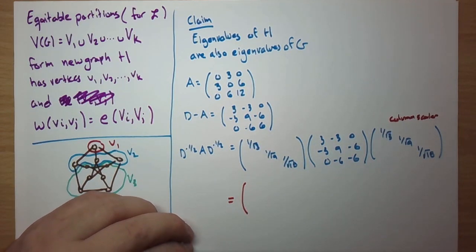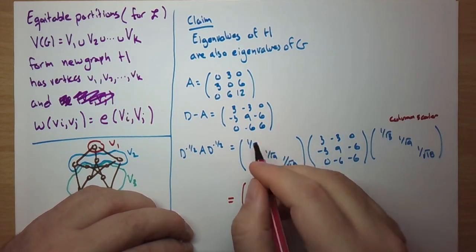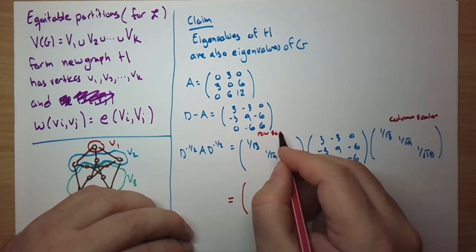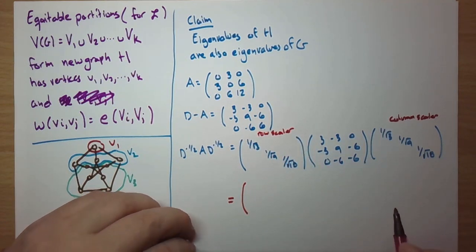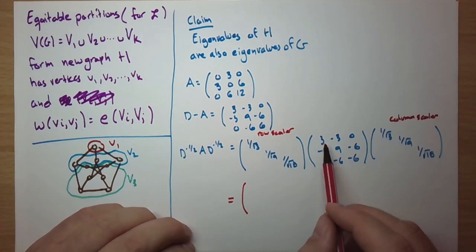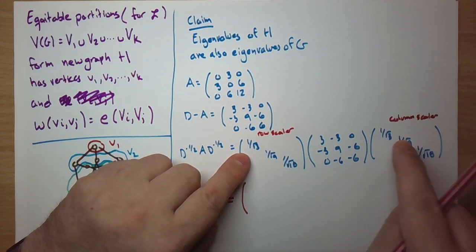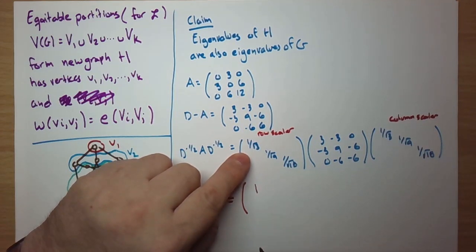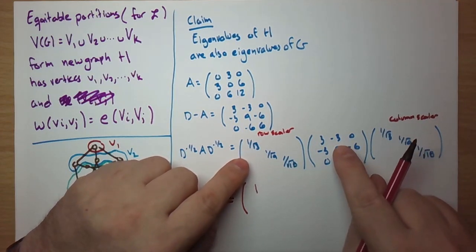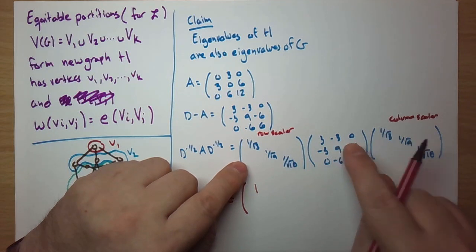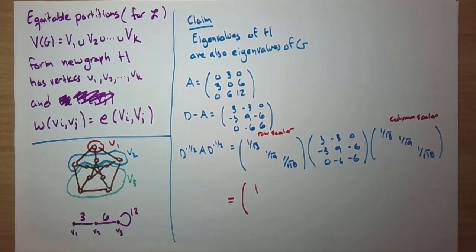Now we've had two people agree with me and one more, so it must be true. So this is the row scalar. And so we don't even have to worry about the non-zero entries. So we take 3, scale by 1 over root 3 and 1 over root 3. That leaves us with 1. And then this minus 3, well, that's L, not A.